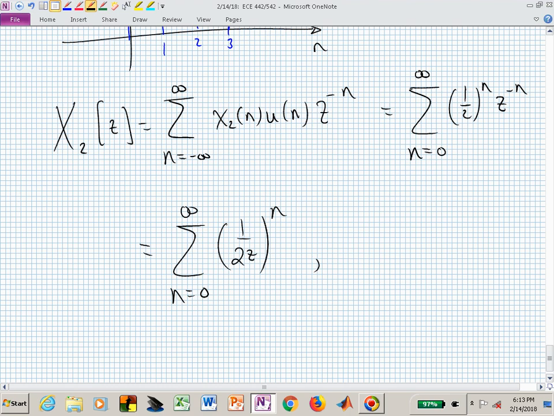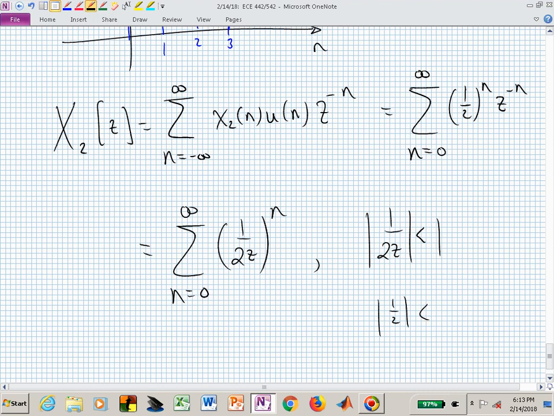One over 2z, right? That's the common ratio. And so now we need the magnitude of 1/2z to be less than 1. Or we can put z on one side of that by multiplying both sides through by the absolute value of z, and we now have 1/2, which could be in an absolute sign or not.